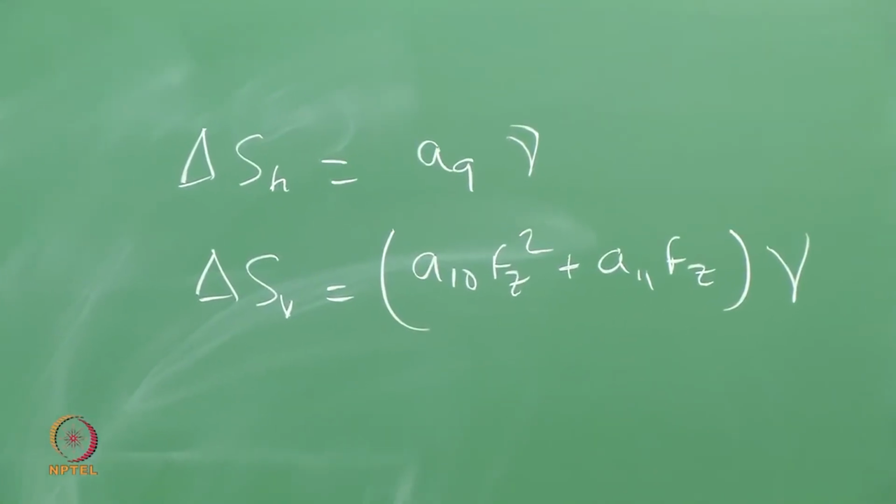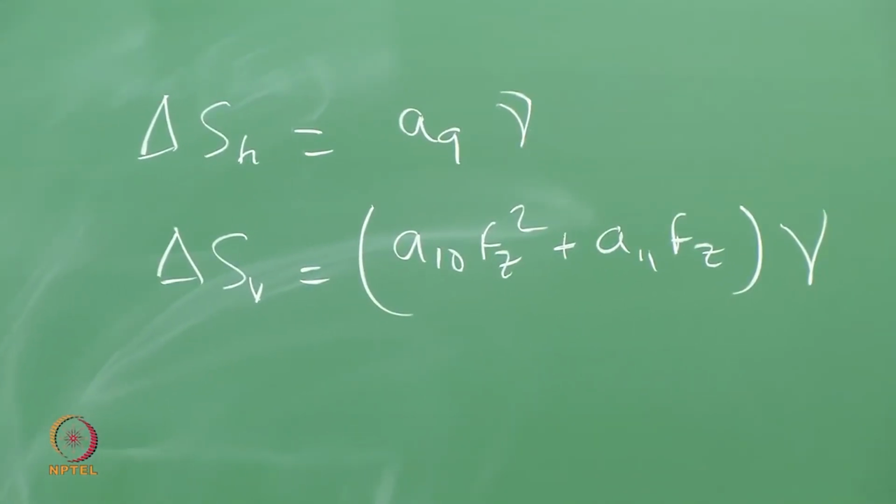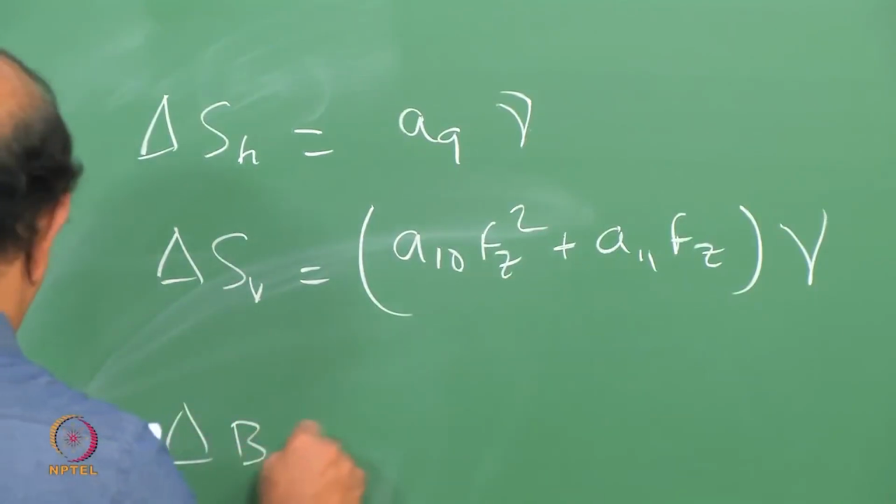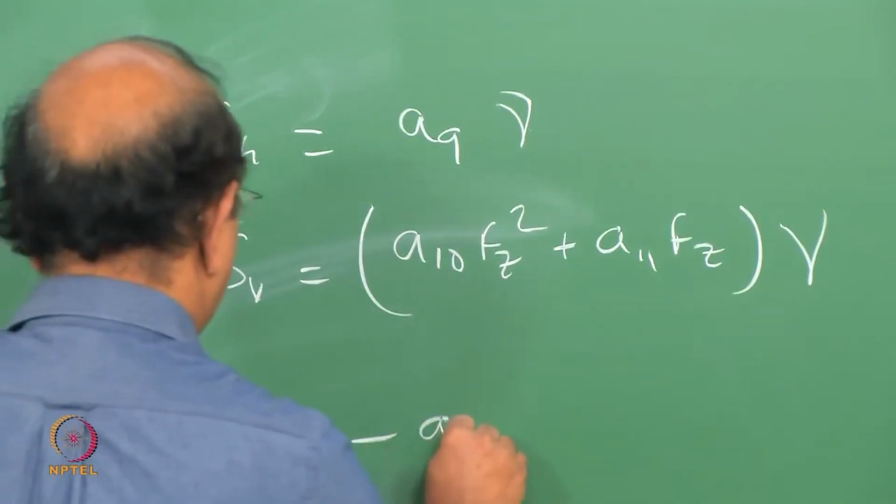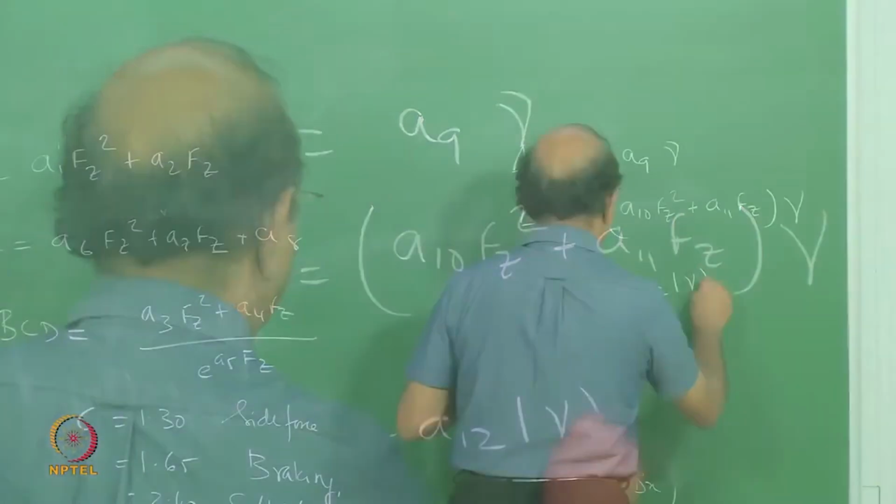And the delta B, the change in stiffness, is also obtained as delta B gamma.